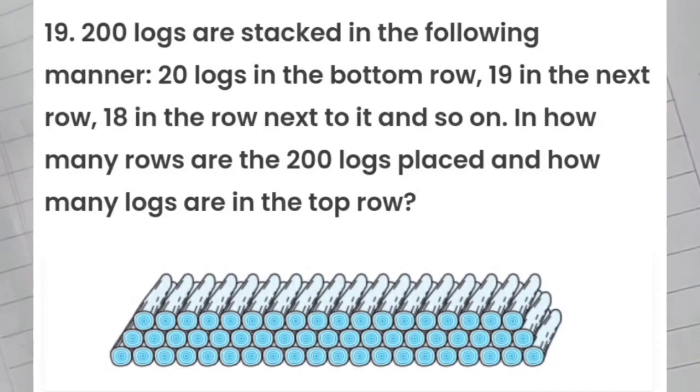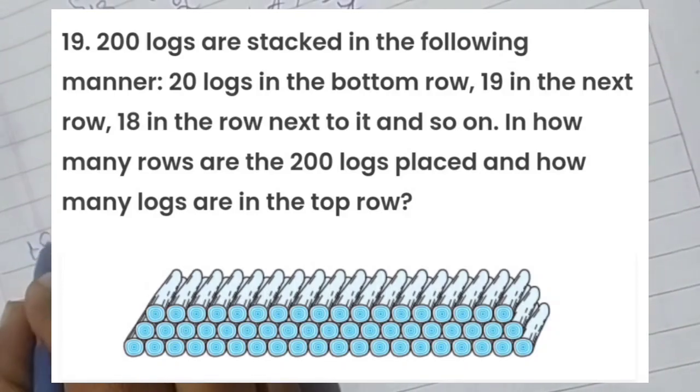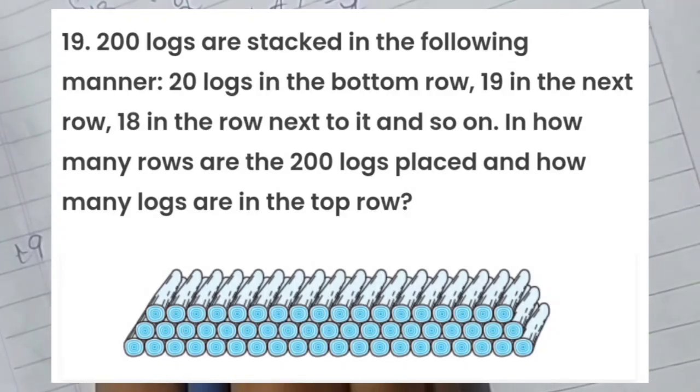In how many rows are 200 logs placed and how many logs are in the top row? They are asking. So here, how many total number of logs are there? That is 200. So what we will do here? That is Sn, totally 200 logs are there.